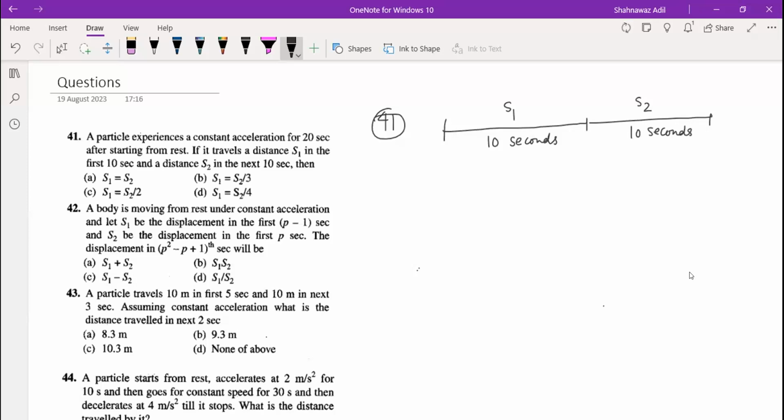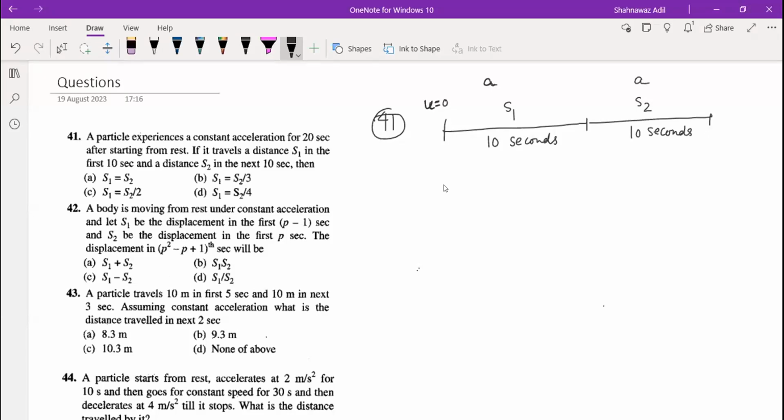What do I know? I know that the acceleration is same. This is A acceleration, this is A acceleration. And it is starting from rest, so U is 0.